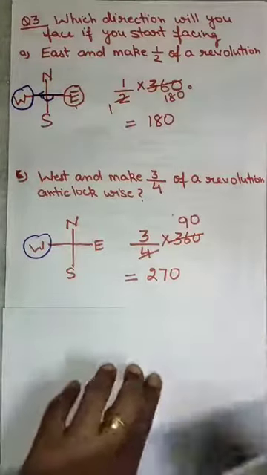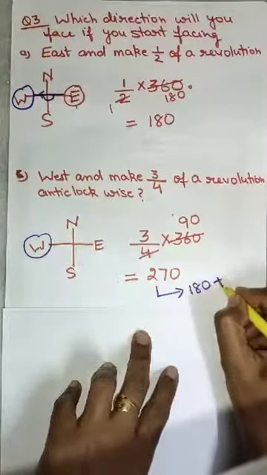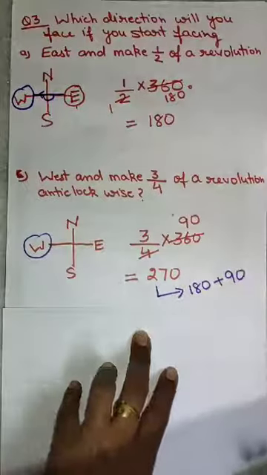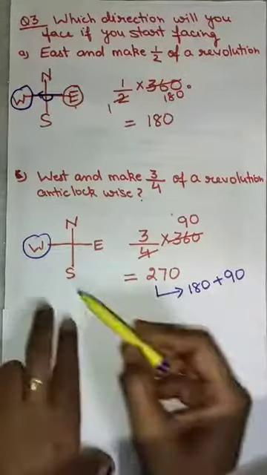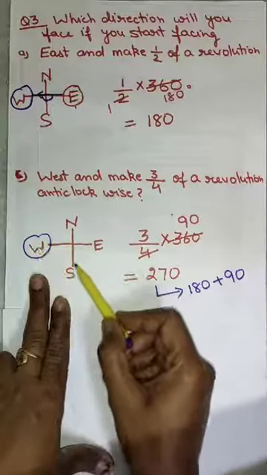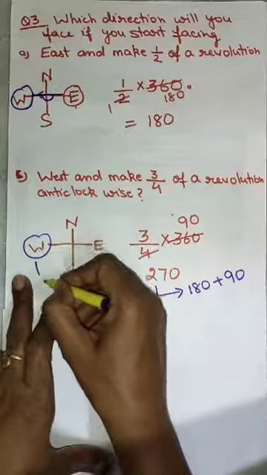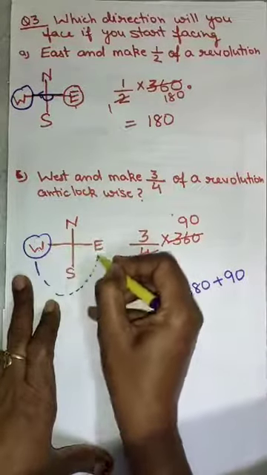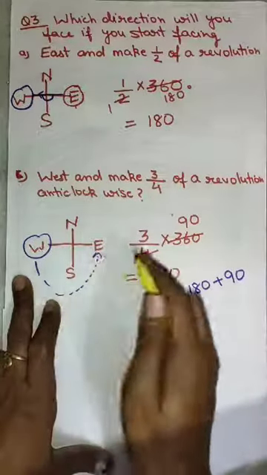We can write 270 as 180 plus 90. So 180 degree is a straight angle. Means if we are moving from west anti-clockwise, don't see clockwise, if we are moving anti-clockwise like this, we will reach up to east. This is a 180 degree straight angle.